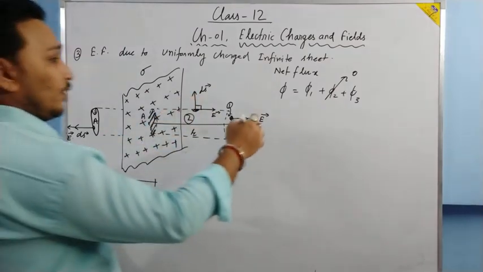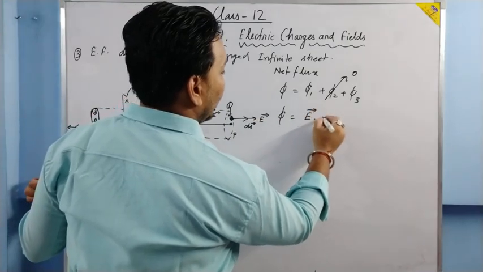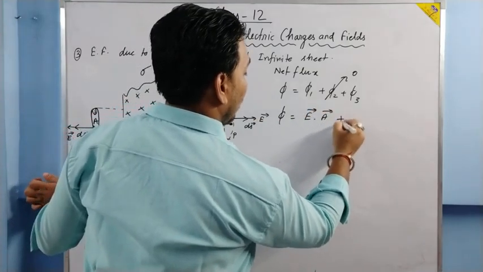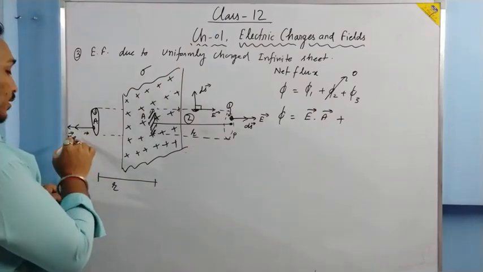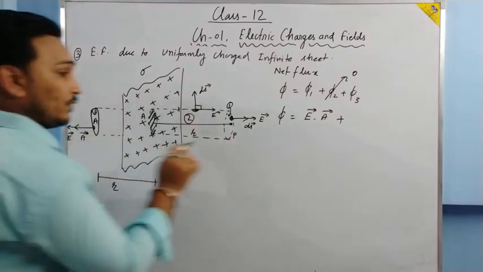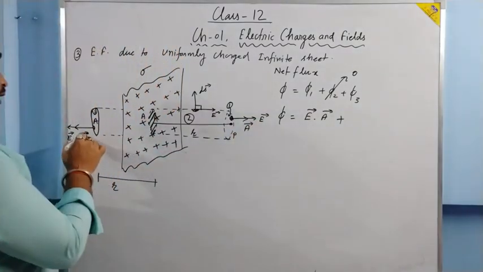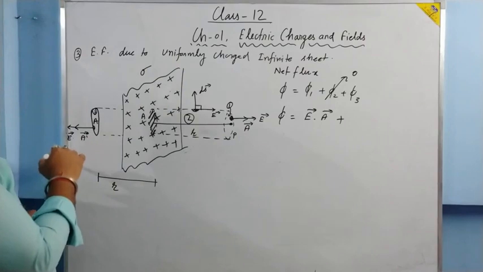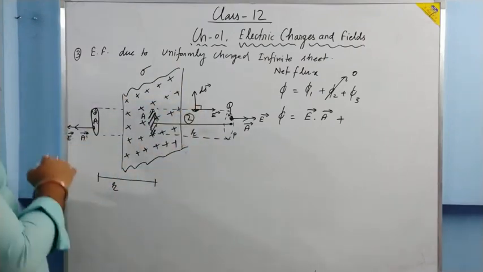The value of phi 1 will be equal to E vector dot A vector, plus, since it is a flat surface, we need not take an area element here. Let this be A dash vector, because its direction is opposite. It will be equal to the value of vector A, but its direction is opposite.